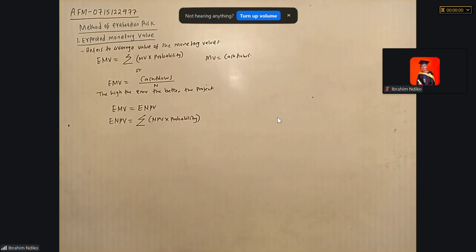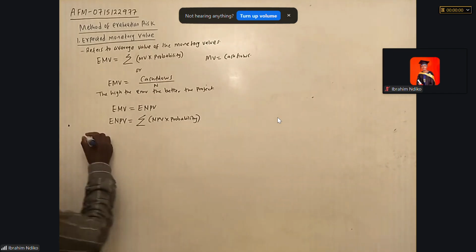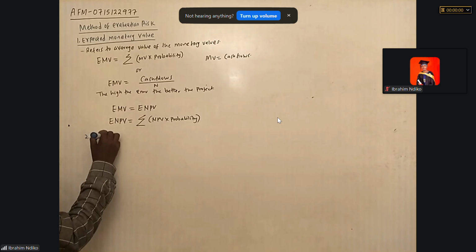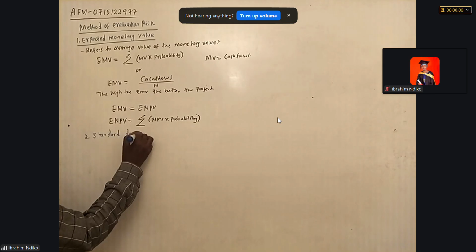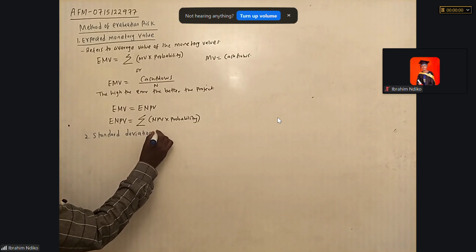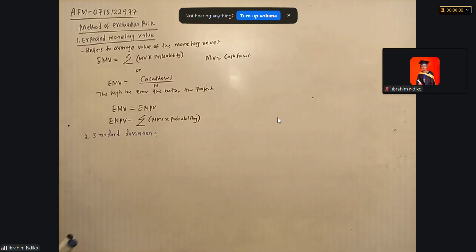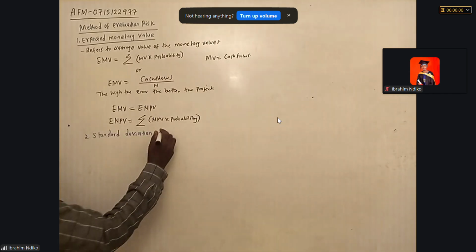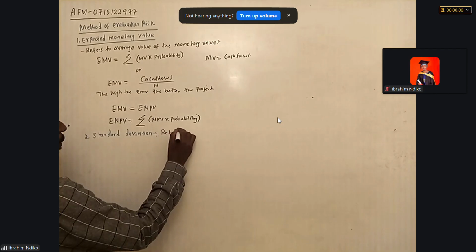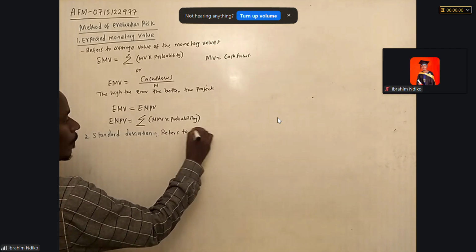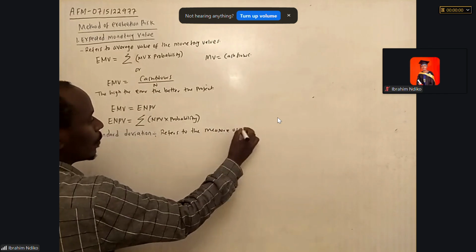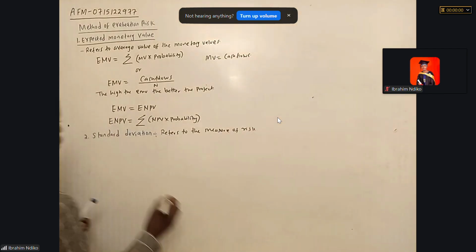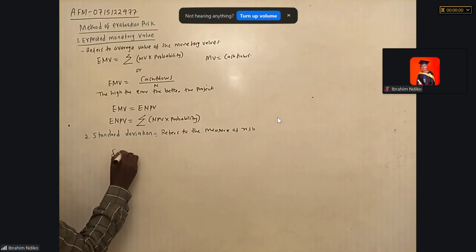Number two can talk about standard deviation. The standard deviation refers to the measure of risk. And this is how you get the standard deviation.